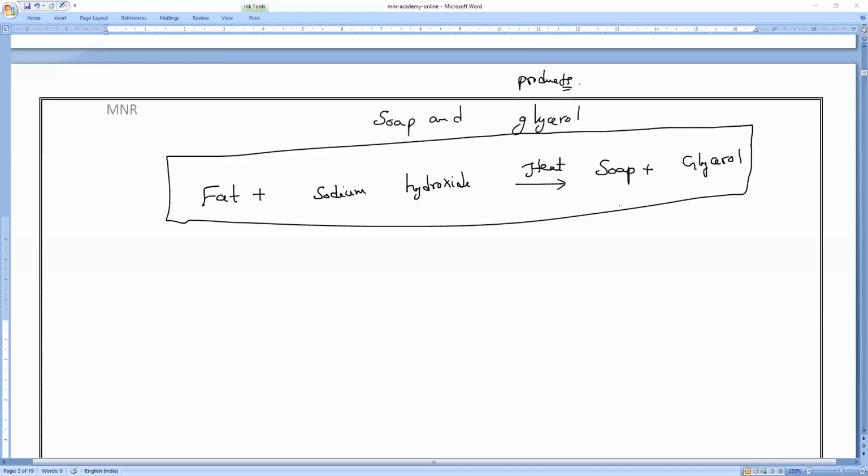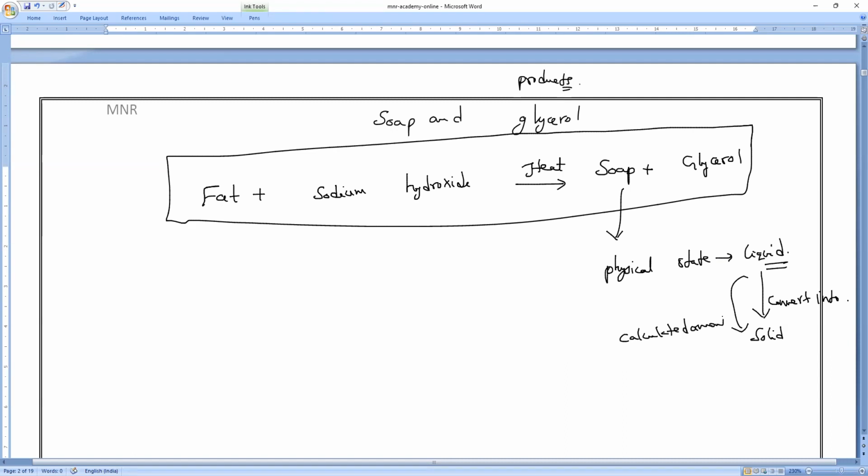Now, the soap we get in this reaction is basically in the liquid state. That is also very important. What is the physical state of the soap, everyone? It is the liquid state. To convert it into a solid, a calculated amount of common salt is added.